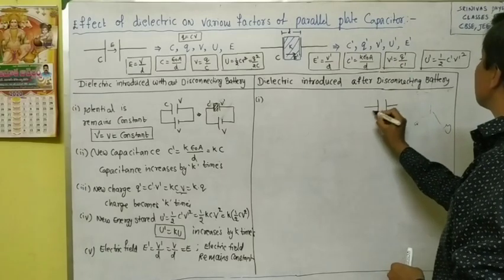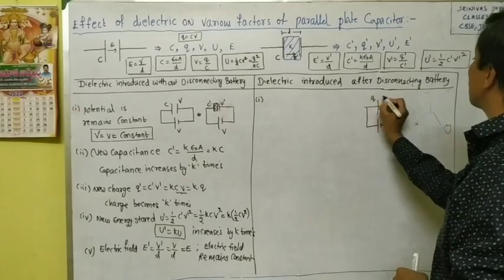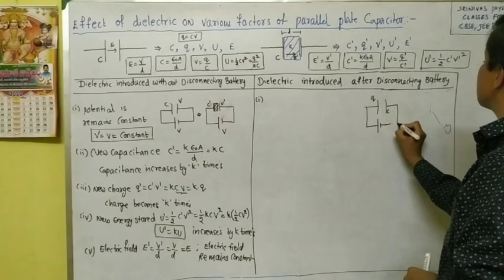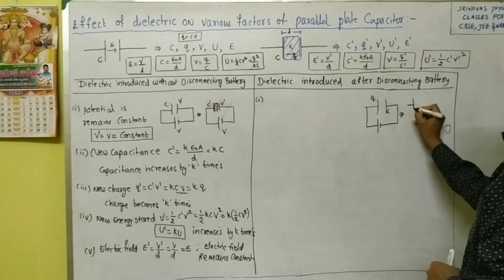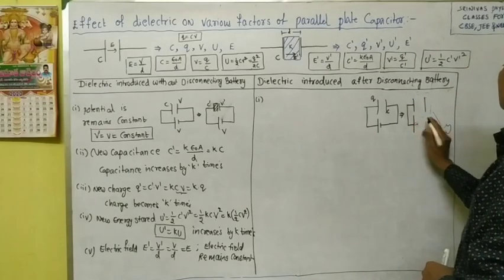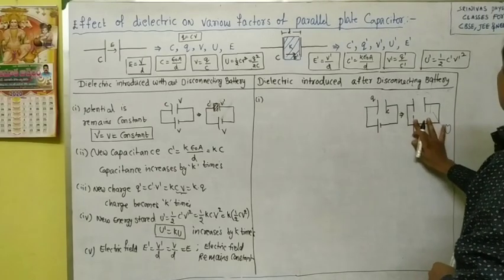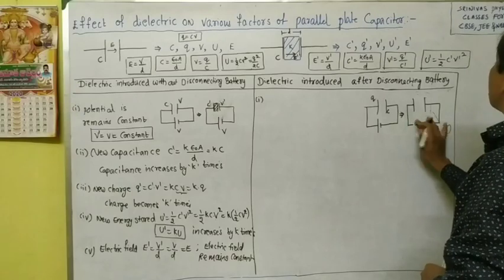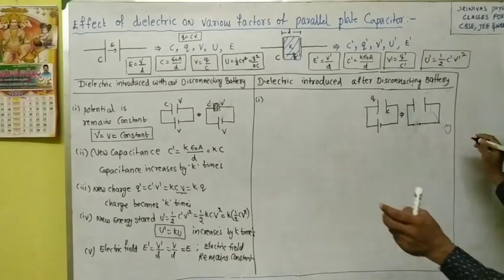Look here, firstly there is a battery. Some charge is stored on the capacitor, capacitance C. Now we are introducing the dielectric slab, but here we are disconnecting the battery. The battery is removed.